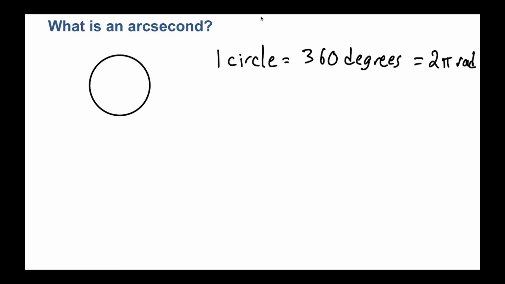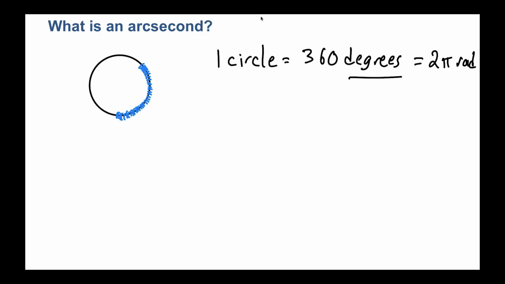Now, a degree to start with is a very small unit of angular measurement, right? If we were to break this circle up into degrees, there would be 360 of them all the way across. I'm probably not even drawing them close enough together. Each one of those is probably several degrees, but you get the idea. A degree is a very small unit of angular measurement around the outside.